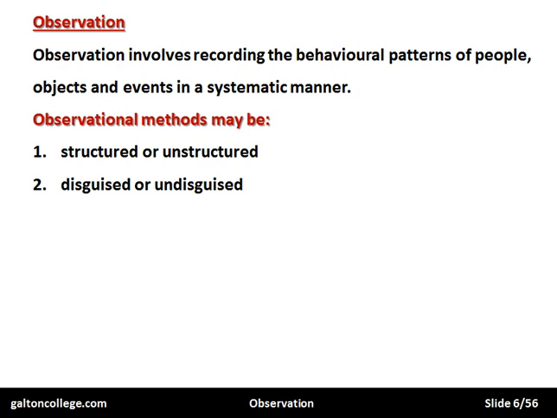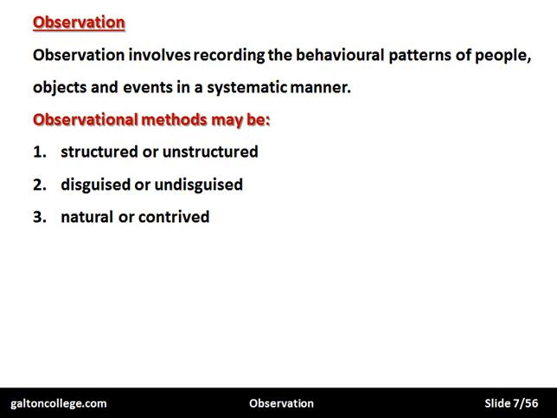They could be disguised or undisguised. The observer may be open about his or her presence as an observer, or the observer may pretend to be a part of the group or pretend to be someone else, just blending into the background, making the observations. So the observations could be disguised or undisguised.